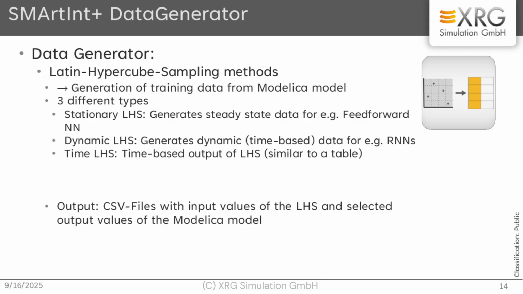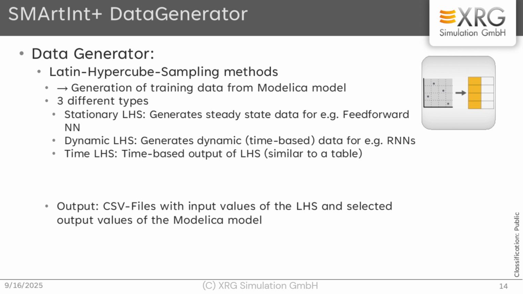So obviously we're using our data generator. As I've mentioned before, it uses Latin hypercube sampling as a method to generate some inputs. And we have three different types of data generators. The first one is a stationary one that we use to generate steady state data. This is what we are using today.